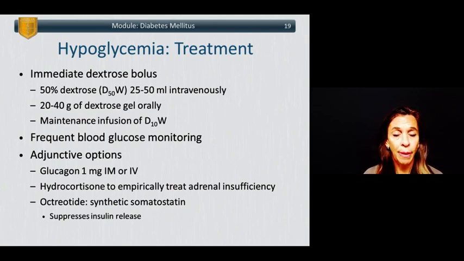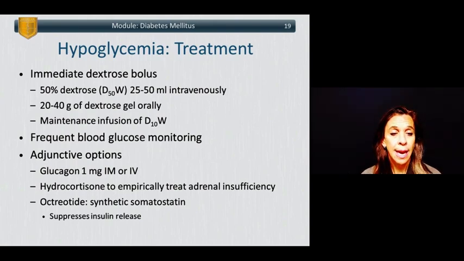These are typically little plastic packets that you rip open and squeeze under the patient's tongue or just into their oral cavity, and it gets absorbed across their mucous membranes. One should maintain an infusion of D10W for some time, especially if the cause was related to insulin. Frequent blood glucose monitoring is obviously necessary.